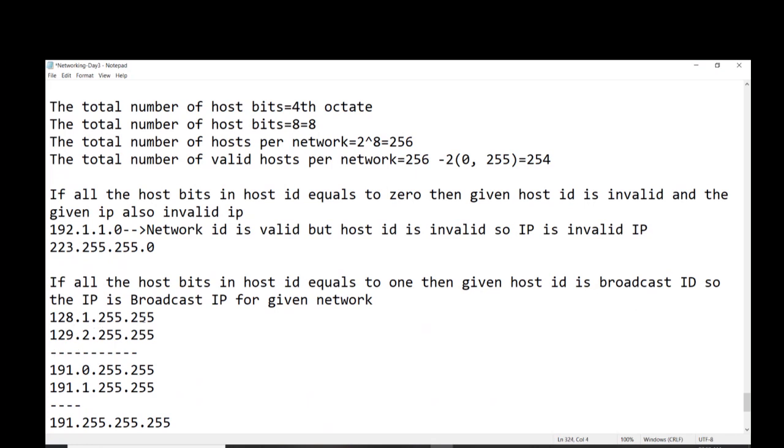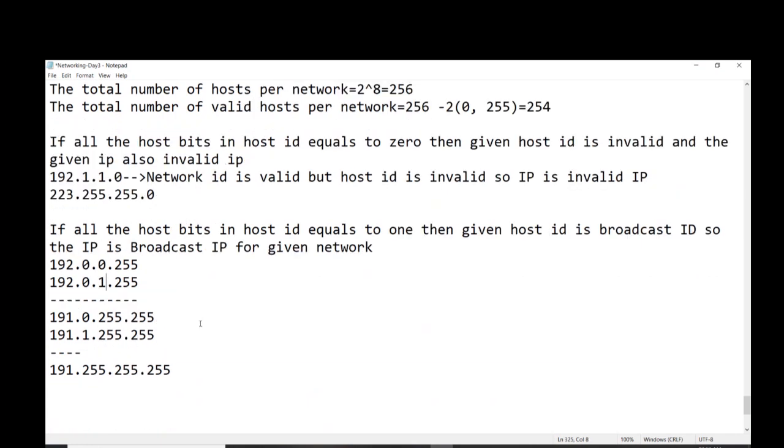So you can say again 192.1.0.255, it's a broadcast. 192.1.0.0 or 0.1, is this broadcast? Like this, we can go up to 223.